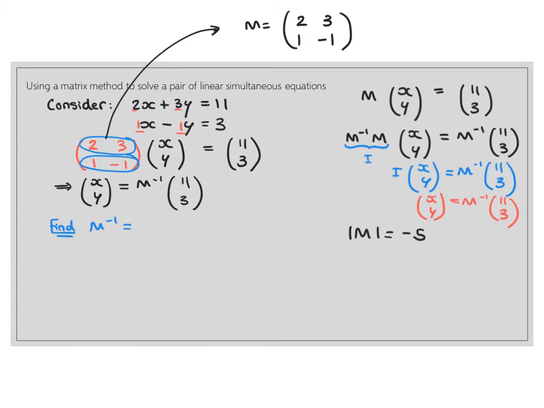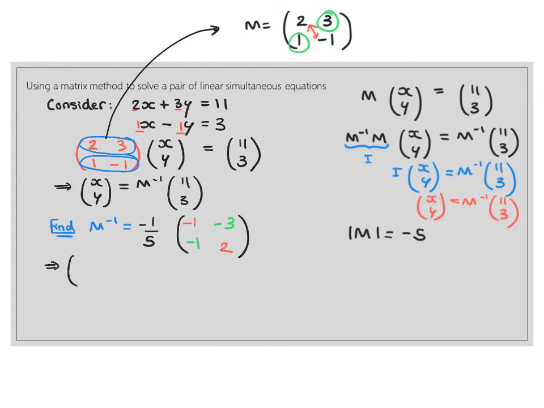Now this method will only work if the determinant exists, i.e. if the matrix is non-singular, and that's important. So my inverse matrix is negative 1 over 5, and then let's remind ourselves that we need to swap over these components here, so that's negative 1 and that's 2, and then these components here we need to change their sign, so negative 3, negative 1. So there's my inverse matrix.